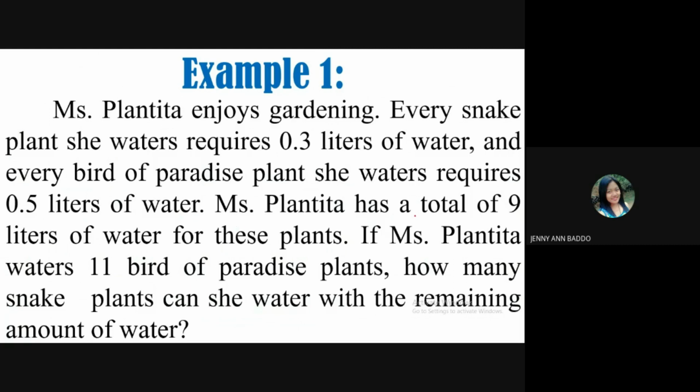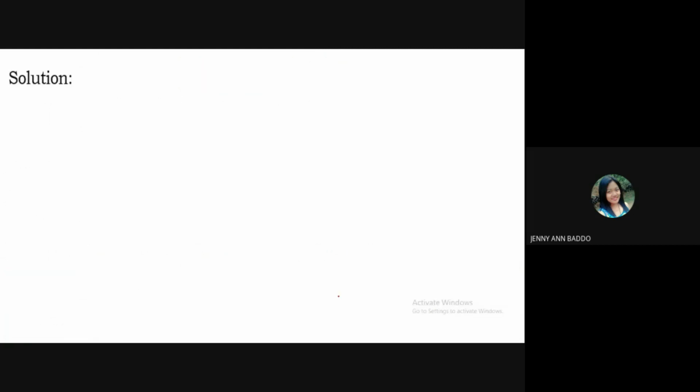Miss Plantita has a total of 9 liters of water for these plants. If Miss Plantita waters 11 bird of paradise plants, how many snake plants can she water with the remaining amount of water? To solve this, we have to represent first.